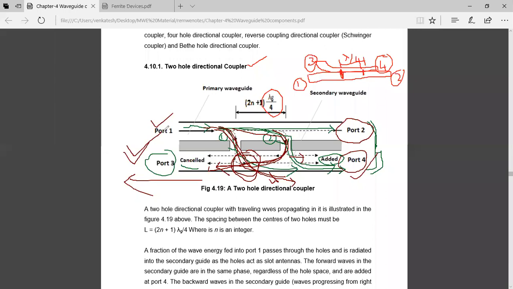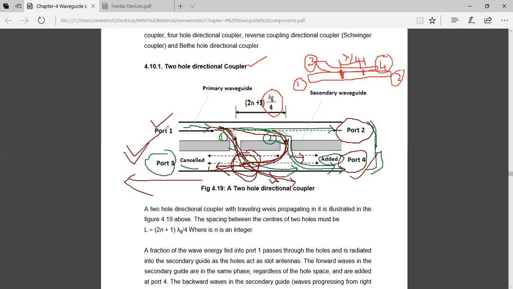One is the Bethe hole, that is the single hole directional coupler, and the second is the two-hole directional coupler. Mainly we use these directional couplers in parametric amplifiers, where it is required to amplify the signal to certain levels by sending the energy into the holes, so that it gets added up accordingly.